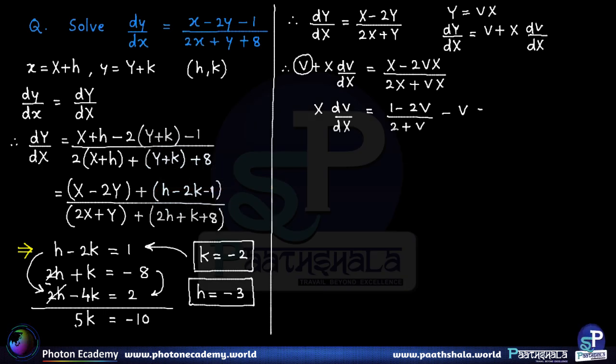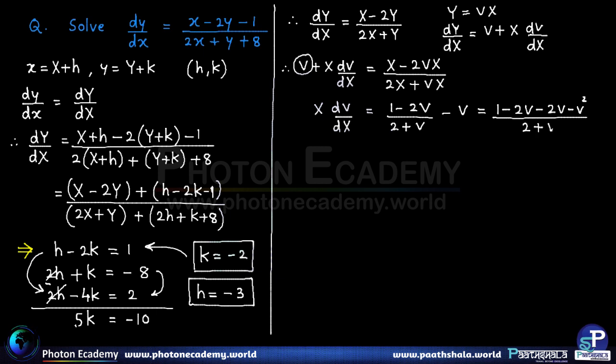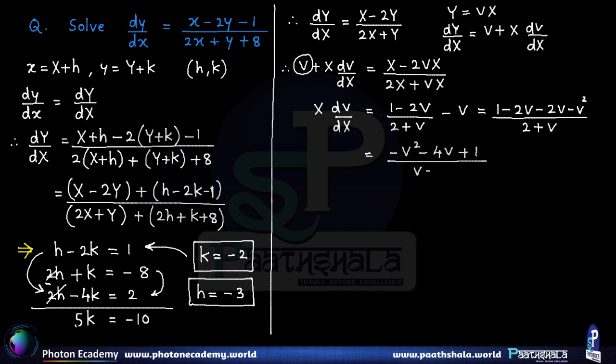So this in turn gives us, by cross multiplying and clubbing, (1 minus 2v minus 2v minus v square) whole upon (2 plus v). So that in turn gives us (minus v square minus 4v plus 1) upon, we may write, (v plus 2). So that is x dv by dx.